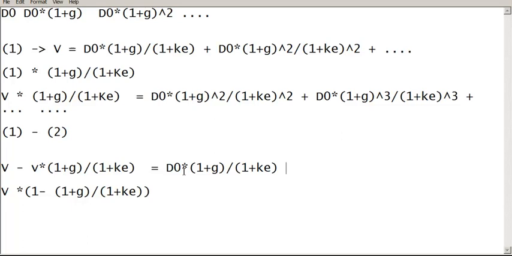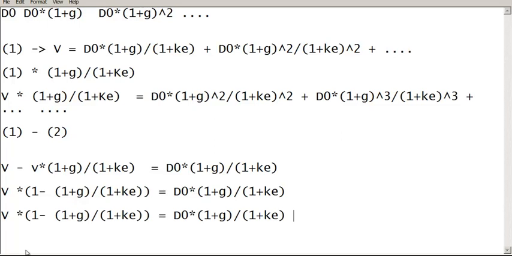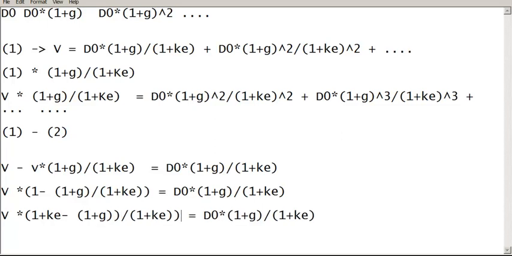Right hand side will remain the same. If you simplify, the 1 plus Ke becomes the denominator, so it will come as (1 plus Ke minus (1 plus g)) divided by (1 plus Ke). And this 1 plus Ke and this 1 plus Ke will get cancelled off.